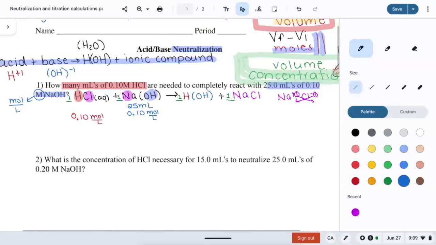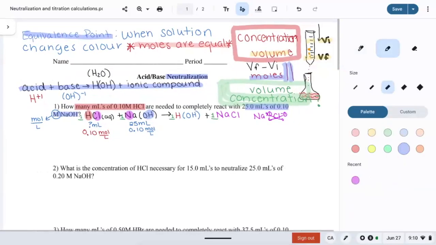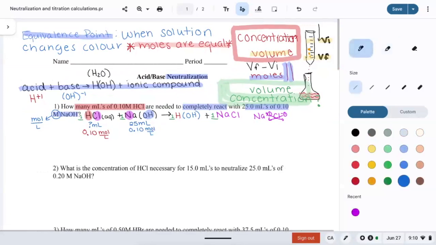But what we don't know is the number of mL. What we do know is that when it says completely reacts with, sometimes the question will say that.